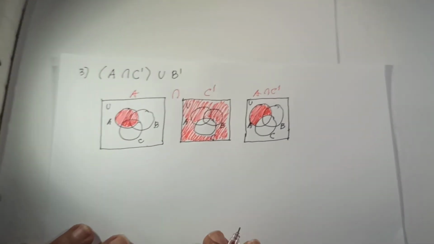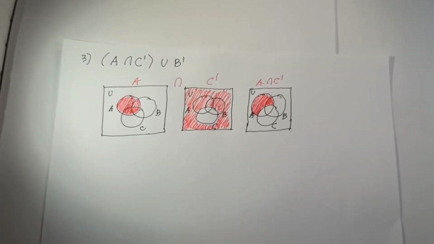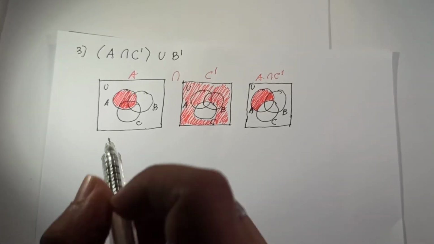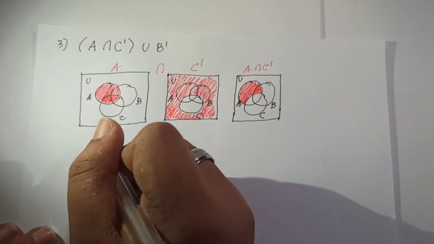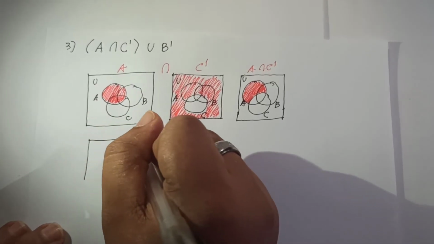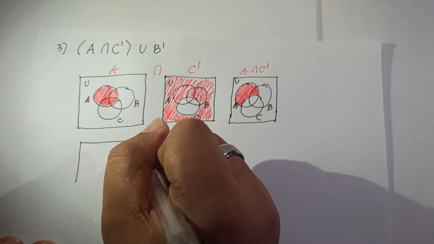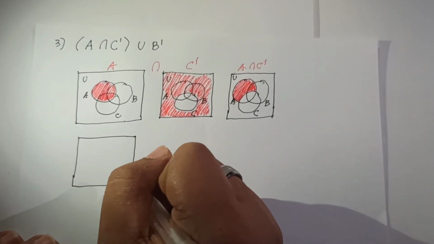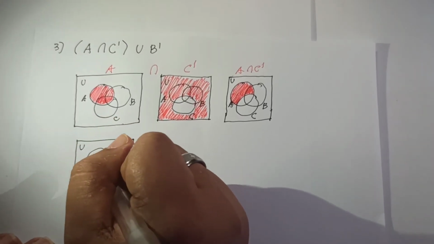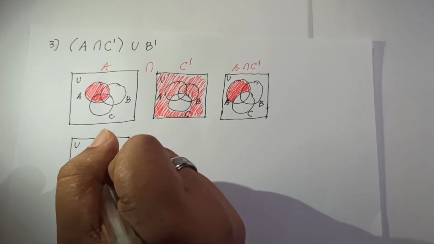Next, we're going to illustrate with B. So, B prime. So, B prime. Okay.